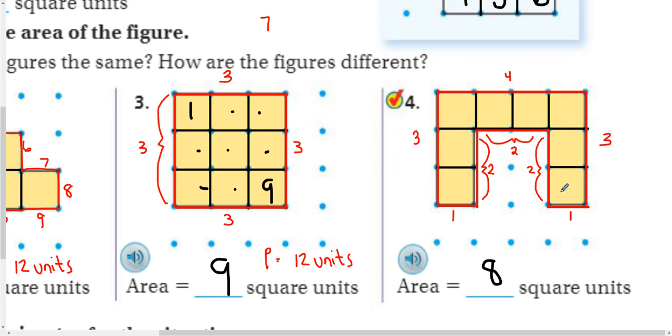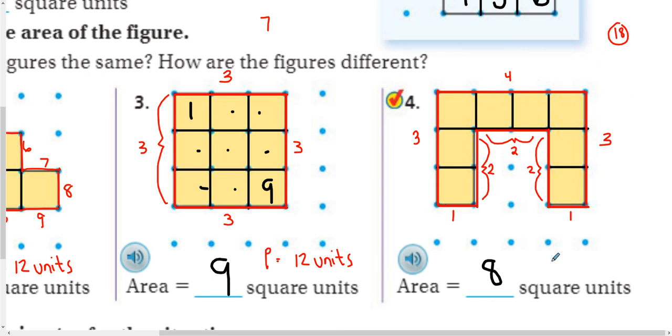Okay, so if I've done my math right, let's see, we can go 7, 10, 11, 12, 13, 14, 15, 16, 17, 18. All right, so is our perimeter 18? Let's give it a count. 1, 2, 3, 4, 5, 6, 7, 8, 9, 10, 11, 12, 13, 14, 15, 16, 17, 18.